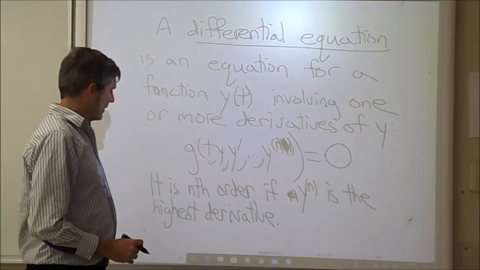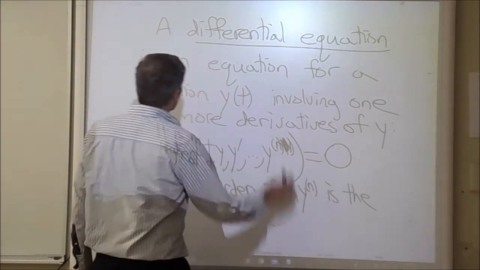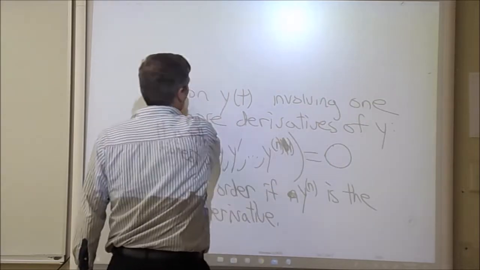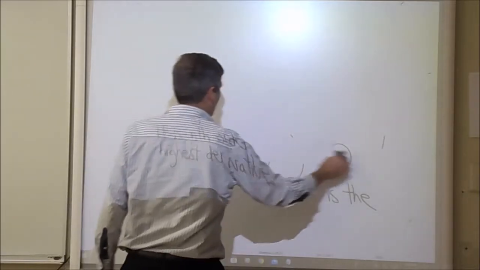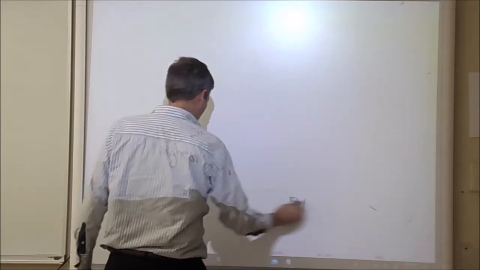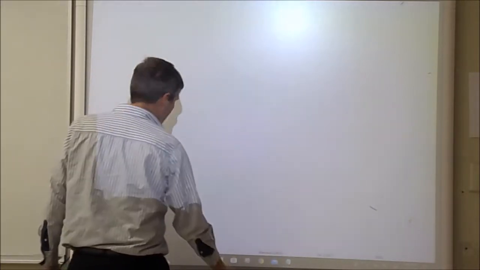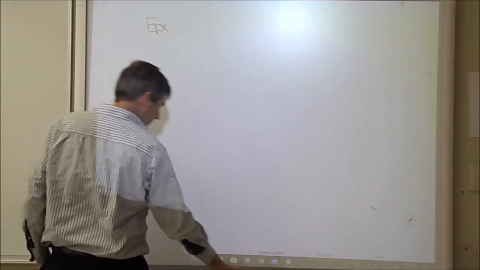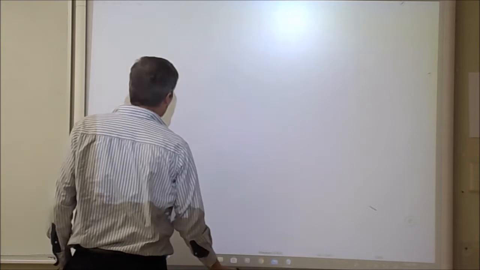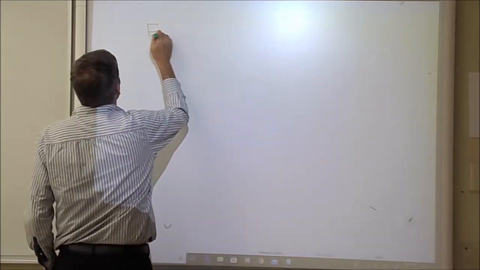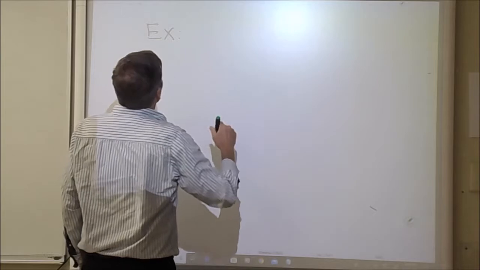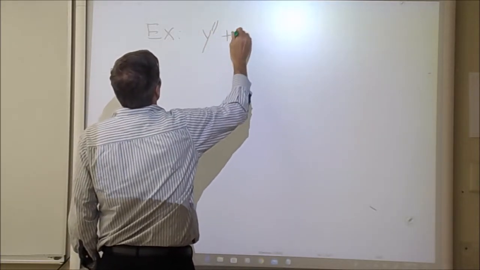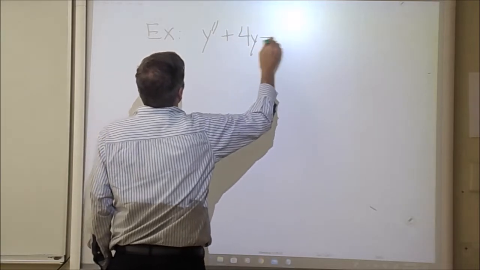Now, differential equations in general tend to have an infinite number of solutions in practice. For example, this one: y double prime plus 4y equals 0.